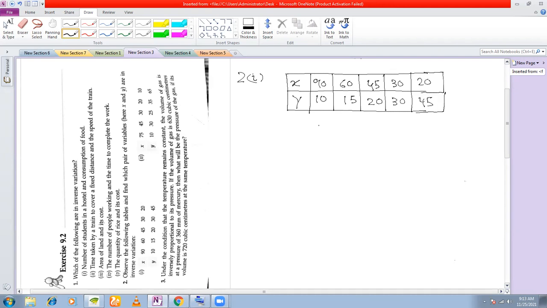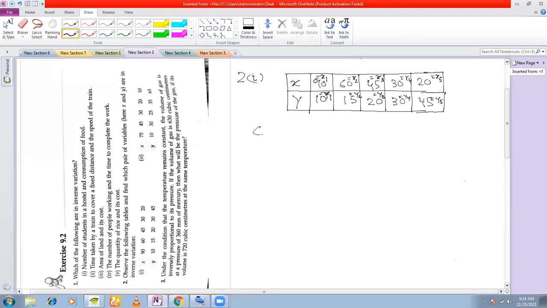Now can you tell me whether this is direct variation or inverse variation? How to check whether X and Y are in direct or inverse variation? Take this as X1, this as Y1, this as X2, Y2, X3, Y3, X4, Y4, X5 and Y5.